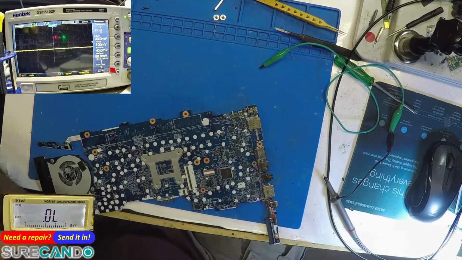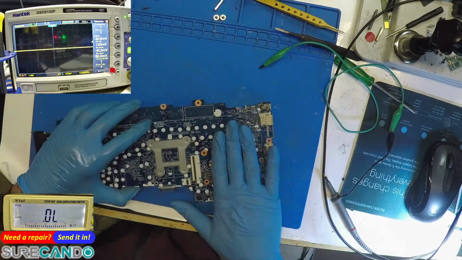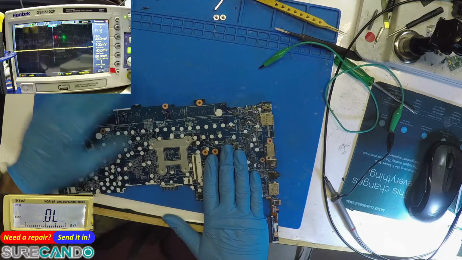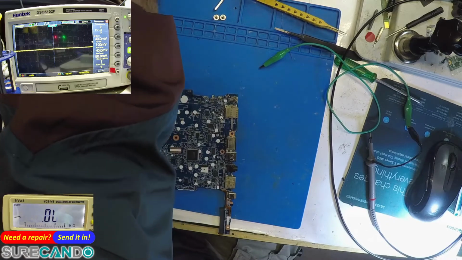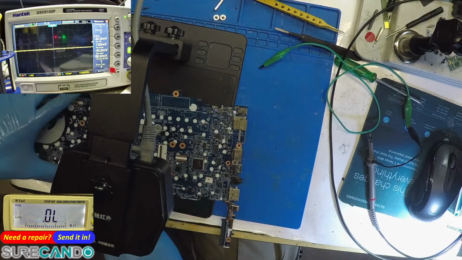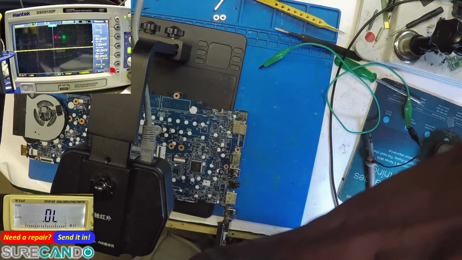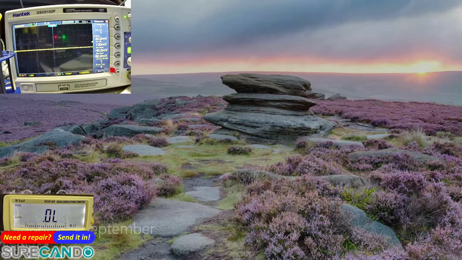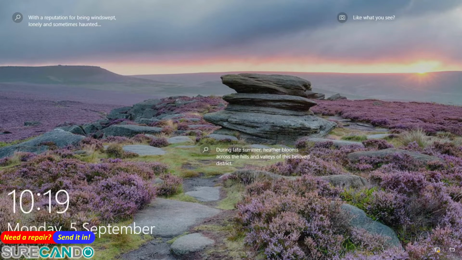A 5 volt descriptor failed message. Well, why don't we just check thermal? Just check what's happening, just to get an idea. Okay.